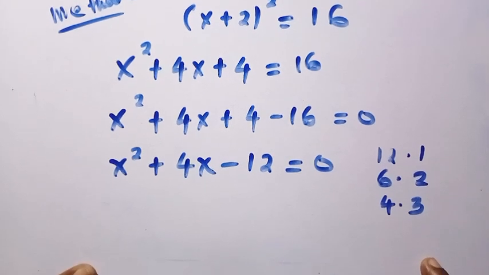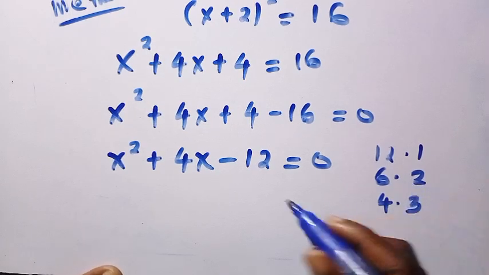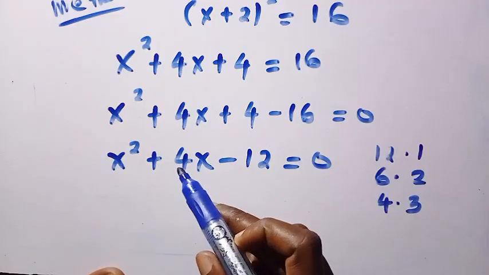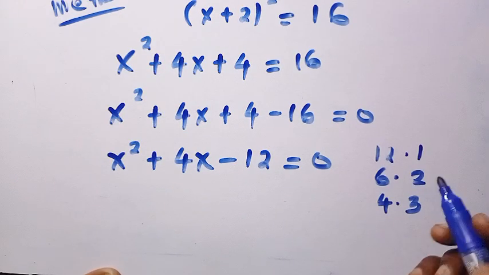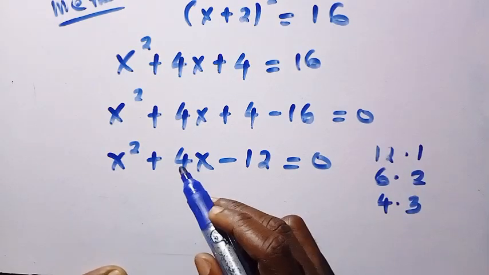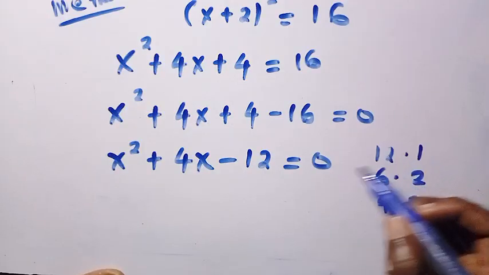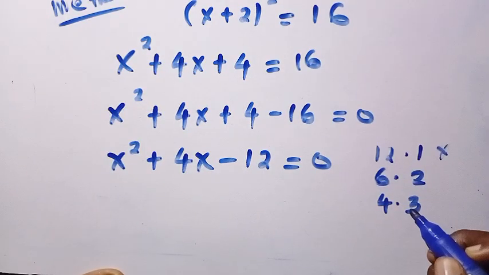All these are the factors of 12. When we multiply them together, it gives us 12. But from this, we need numbers that will give us 4 when we subtract or add. So 12 plus 1 is 13, it does not equal 4. And 12 minus 1 is 11, it doesn't equal 4. So we are going to cancel this.